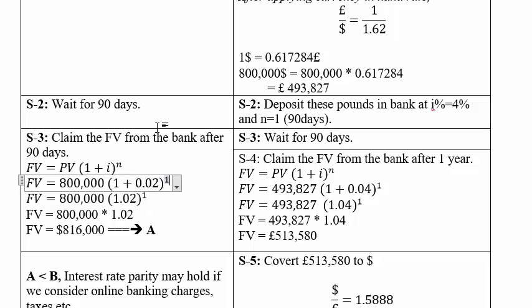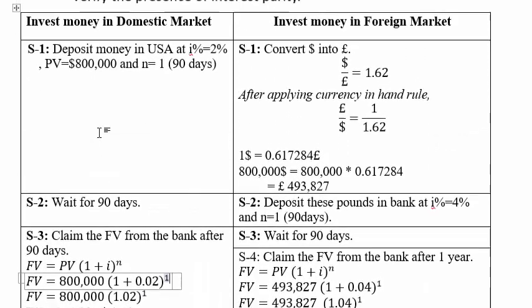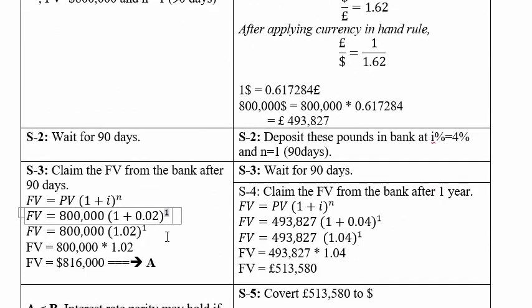By the way, I have already solved the whole numerical because you have a very strong understanding of covered interest arbitrage, the basic present value and future value concepts, and currency conversions also. So it's kind of a repetition, that's why I have already solved it. That will save time.